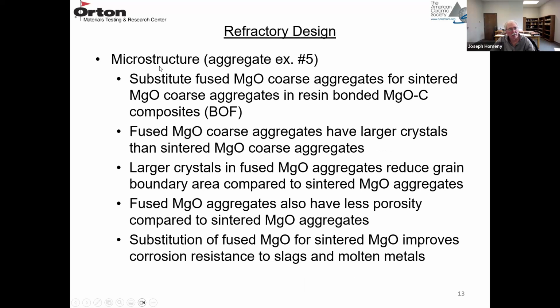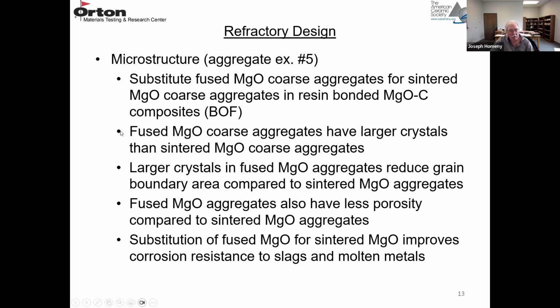Another example for forming a microstructure is how you pick the aggregate. An example here is the substitution of fused MgO in the coarse aggregates for sintered MgO. And this might be in a resin bonded MgO carbon composite for a basic oxygen furnace application.